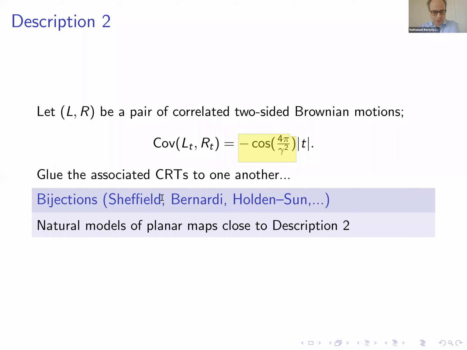His hamburger-cheeseburger bijection does that, going back to work of Bernardi and Mullin, and more recently of Holden and Sun. These bijections give a description of maps in terms of gluing of trees, which are close to what I've just mentioned. Anyhow, we've got these two ways of speaking about our planar maps that are very different from one another, but nevertheless equivalent. That's the work of Duplantier-Sheffield.